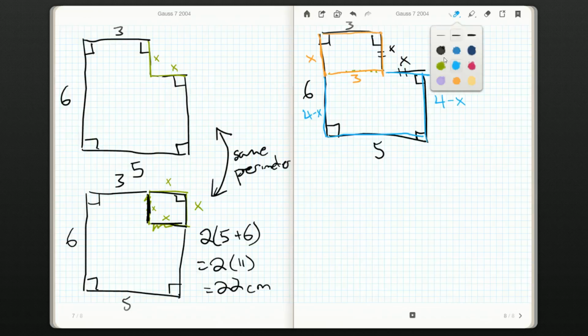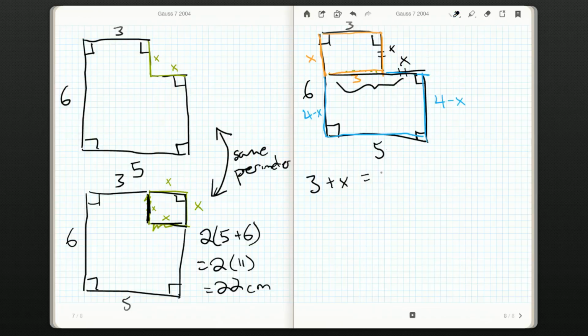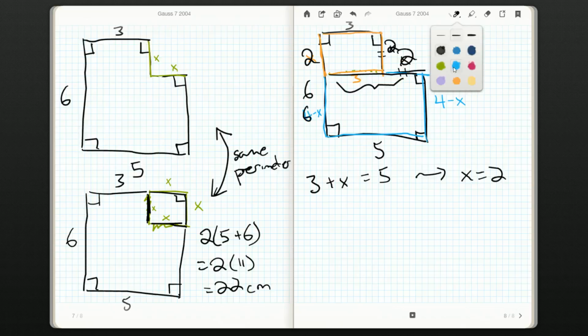But notice here, we should be able to say this side here is a length of 5, but it's also a length of 3 plus x, so we can notice that 3 plus x is equal to 5. From there, it's really quick to see x is 2. And once I know x is 2, suddenly I know that we've got a 2 here, and a 2 here, and a 2 here, and this should be a 6 minus x, not a 4 minus x.